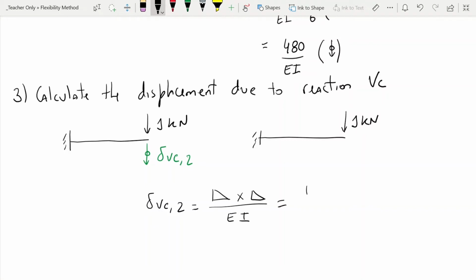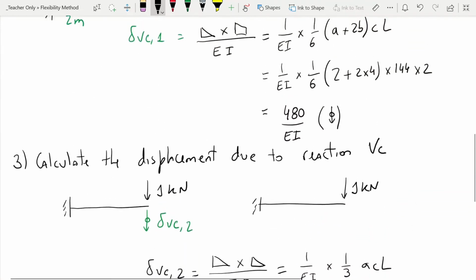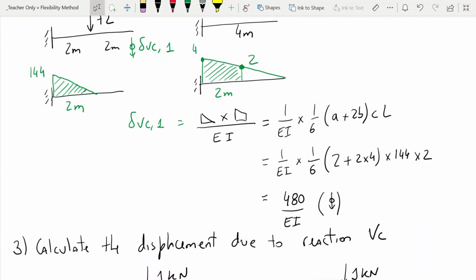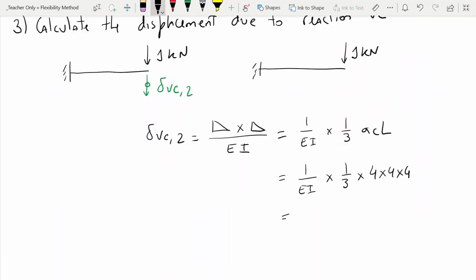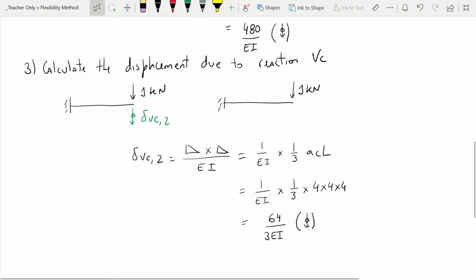Triangle times a triangle is 1 over EI, and then 1/3 ACL. So what we're going to get is 1 over EI times 1/3. And now if we check the diagram, the values of A and C is 4, and the span is also 4. What we get in this case is 64 over 3 EI. If you look at the structure here, you can see that the displacement has to have the same direction of the load.